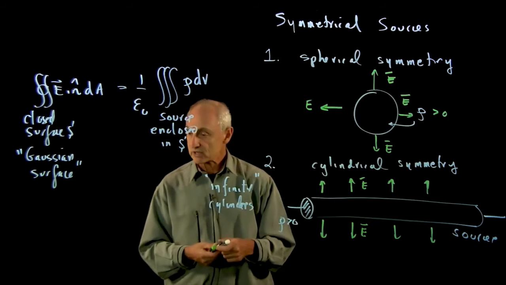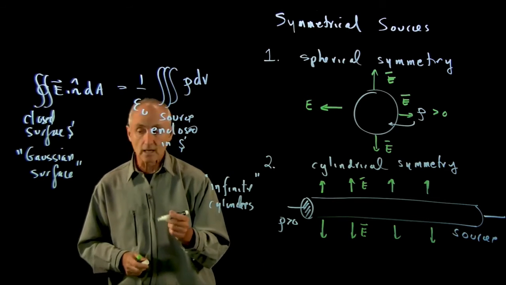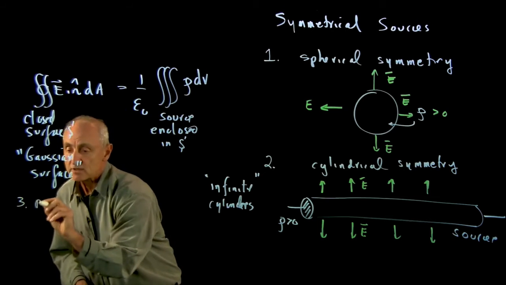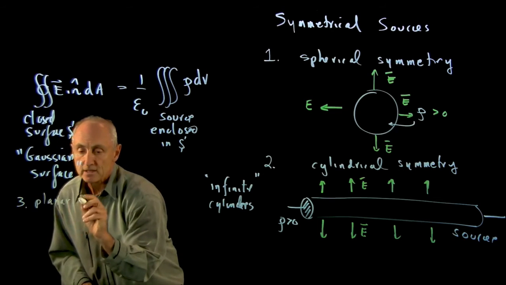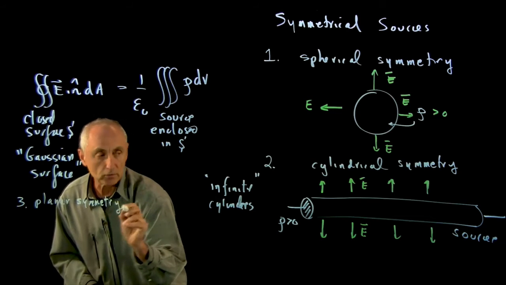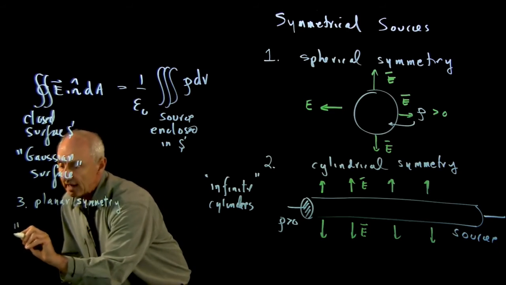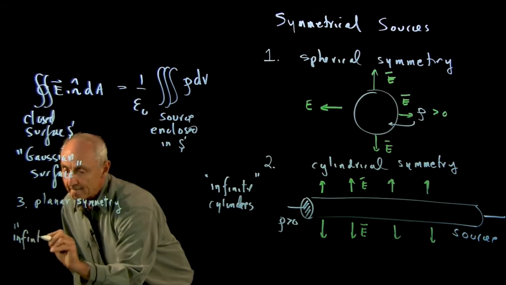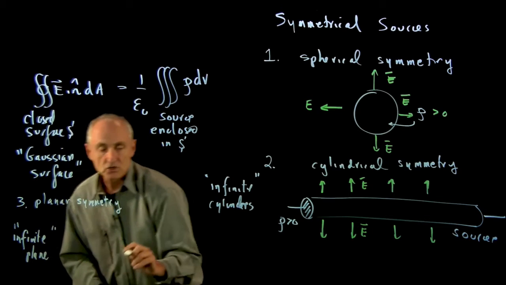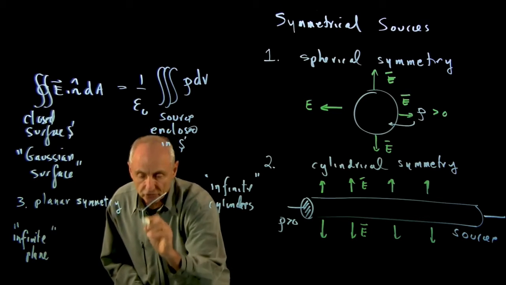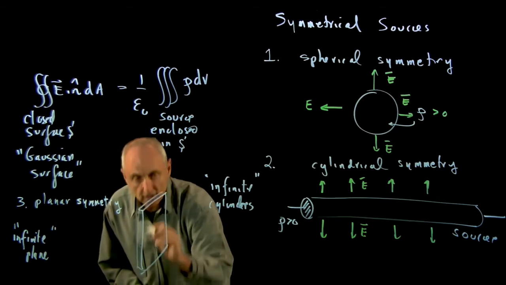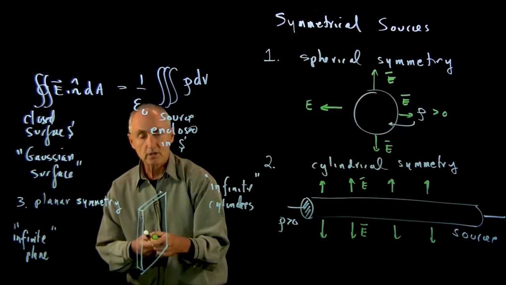Now, our third source, and I'll make that down here, has planar symmetry. And again, what we'll look at is an infinite plane. So I might have a source, and it could be some type of volume.